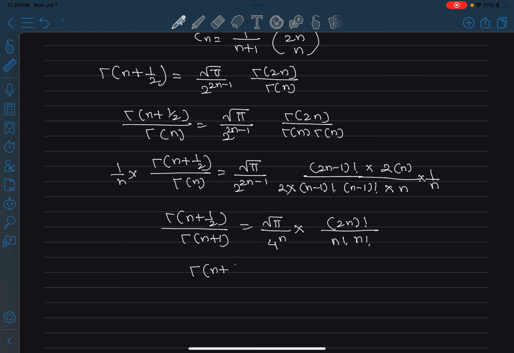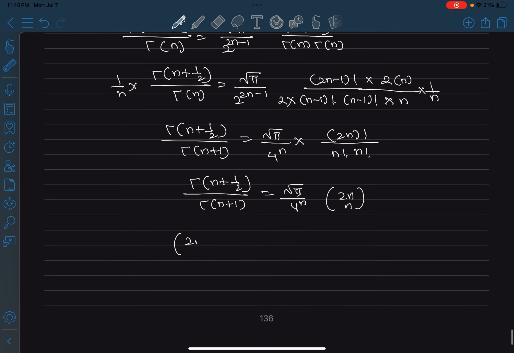So this becomes square root of pi by 4 to the power n, and then 2n choose n. So now we know that this 2n choose n is actually 4 to the power n by root pi, and then gamma of n plus half by gamma of n plus 1. This also somehow shows that this central binomial coefficient is related to powers of 4.